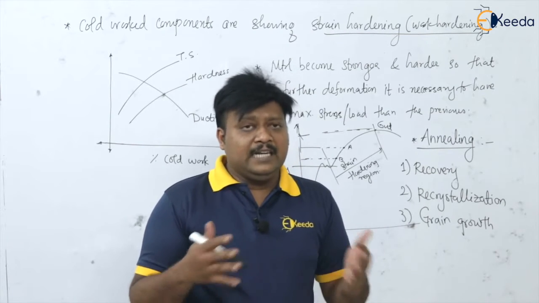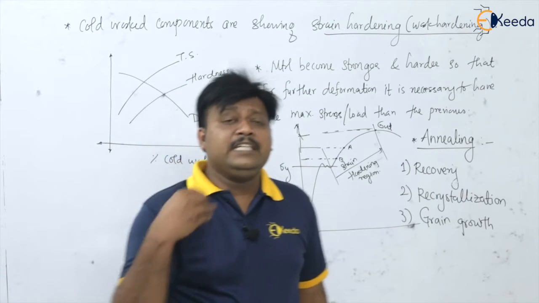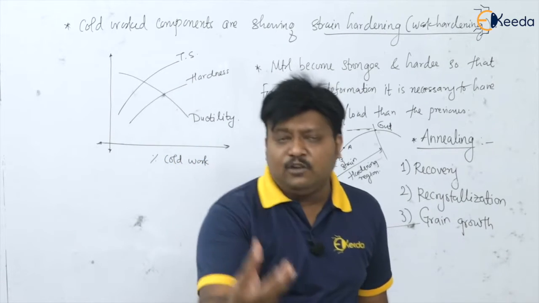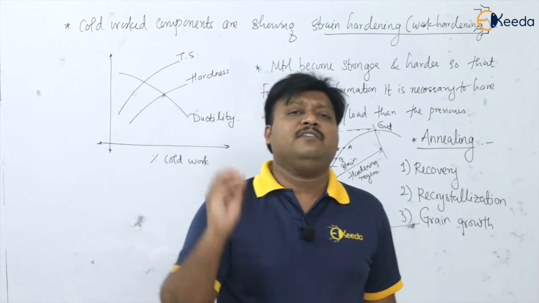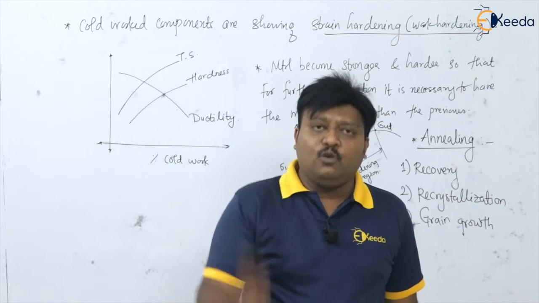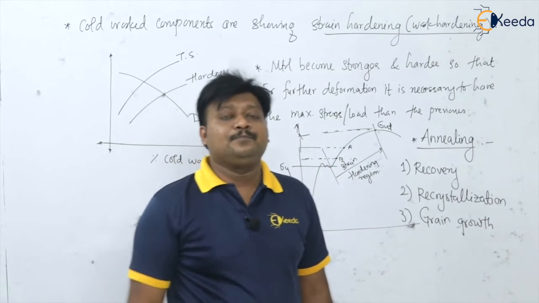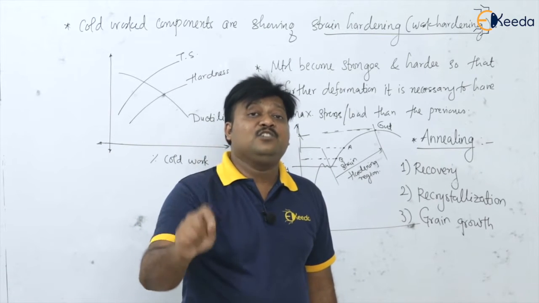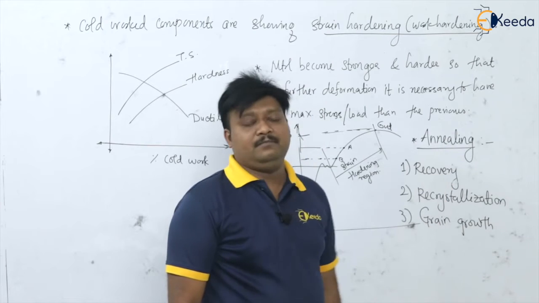Please remember that of the energy we supply during straining or working of the material, 10 to 15% gets stored in the material, and that stored energy is nothing but our internal residual strains or stresses. These get relieved here.